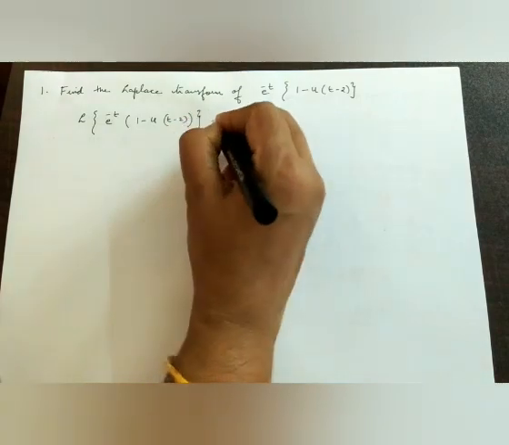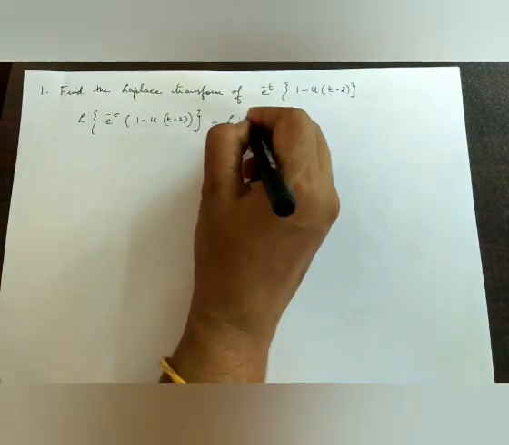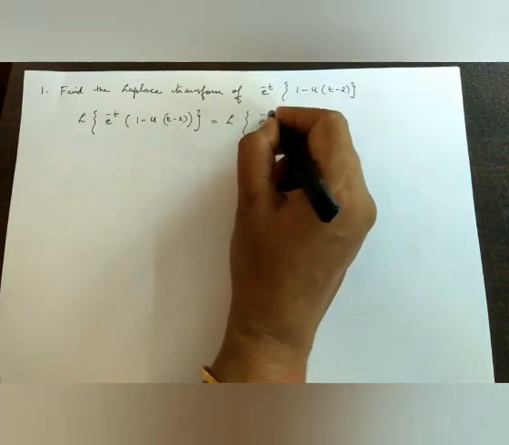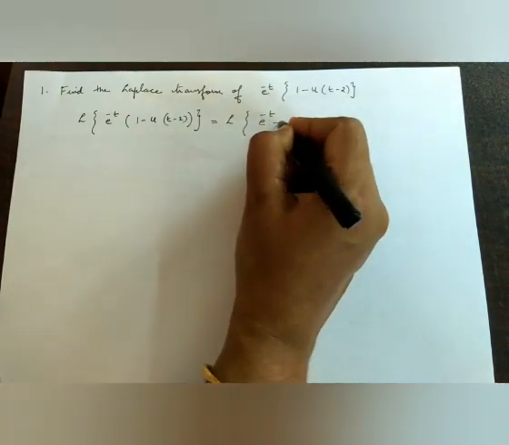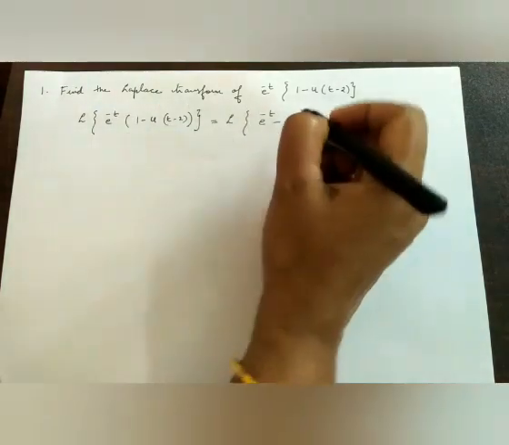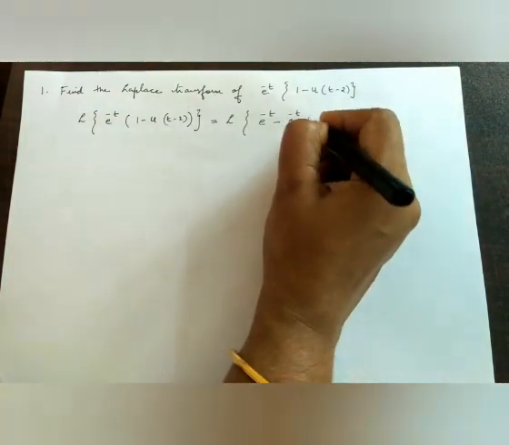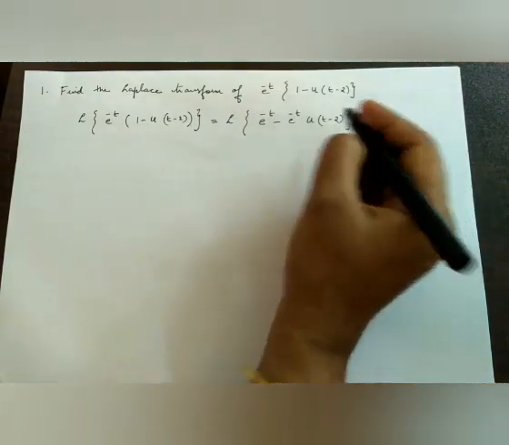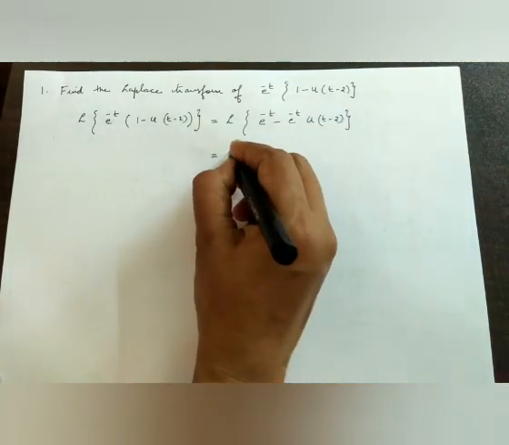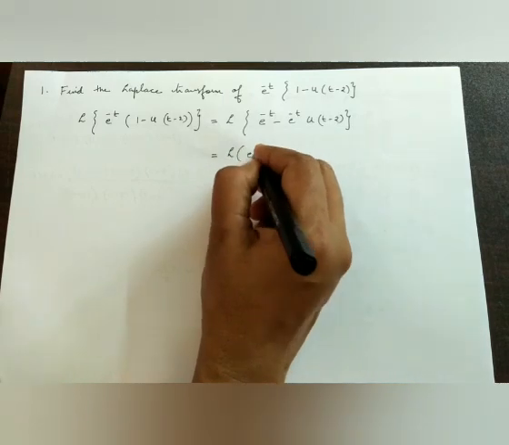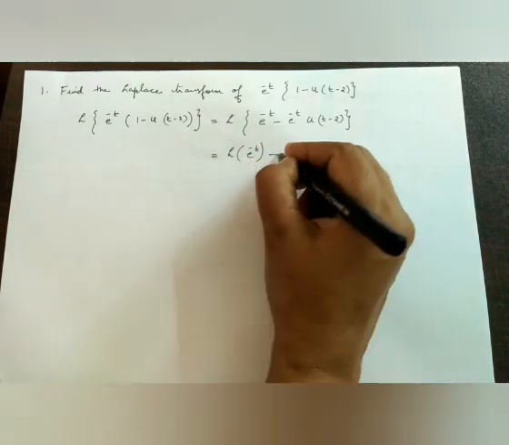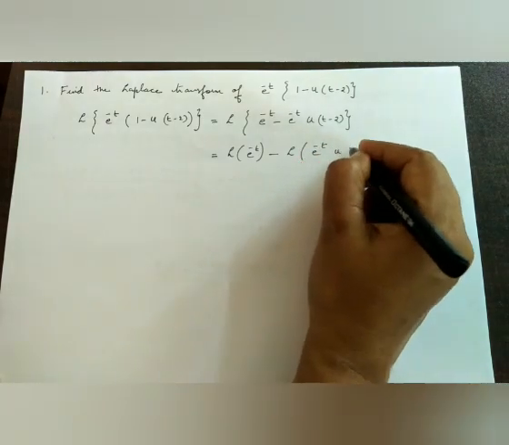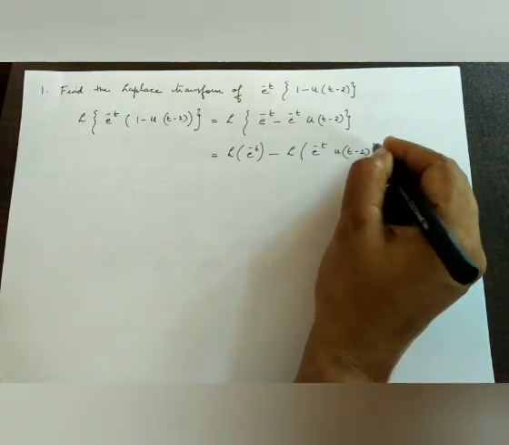It is equal to the Laplace transform of, we can multiply by e raised to minus t and we get e raised to minus t, then minus sign, then e raised to minus t into u of t minus 2. Now we can divide this: Laplace transform of e raised to minus t minus Laplace transform of e raised to minus t u of t minus 2.